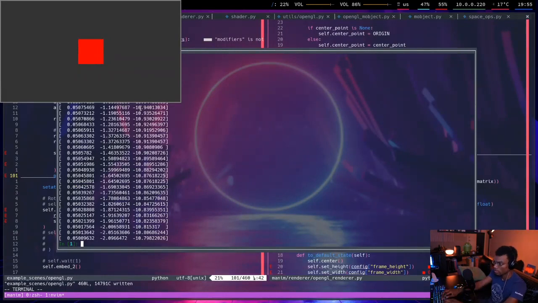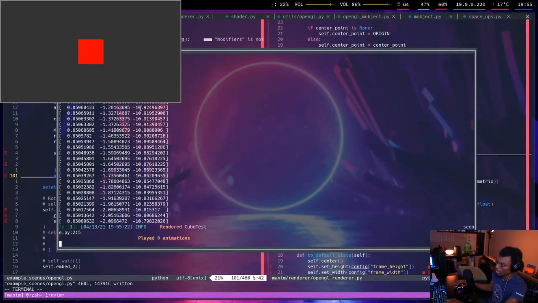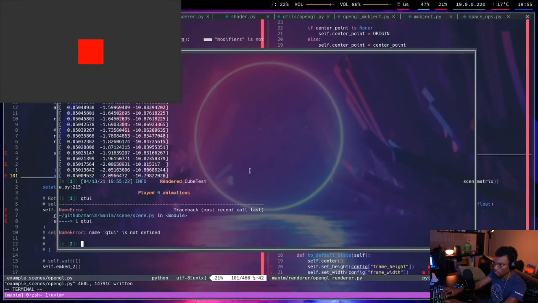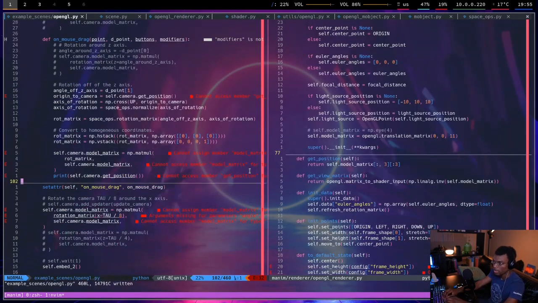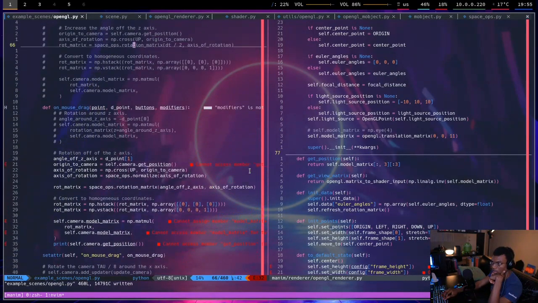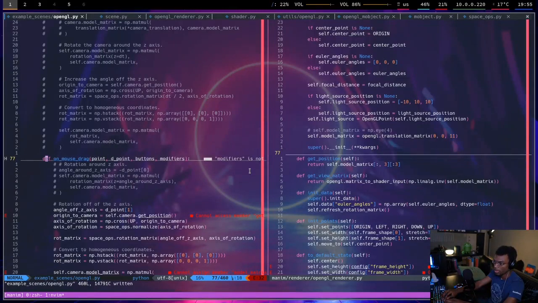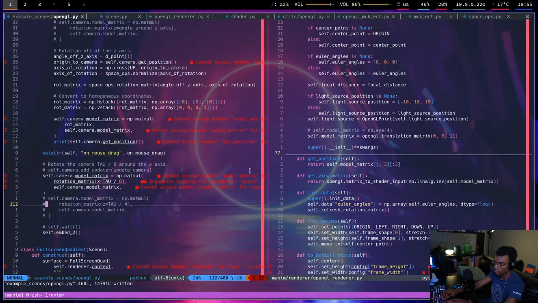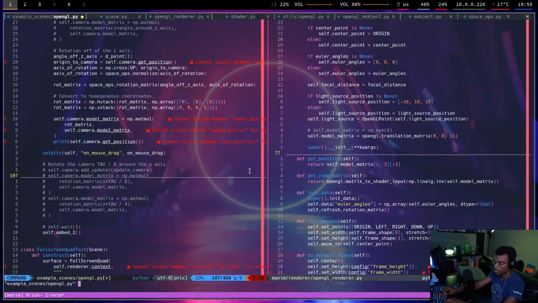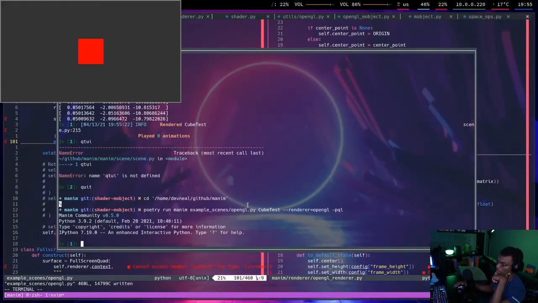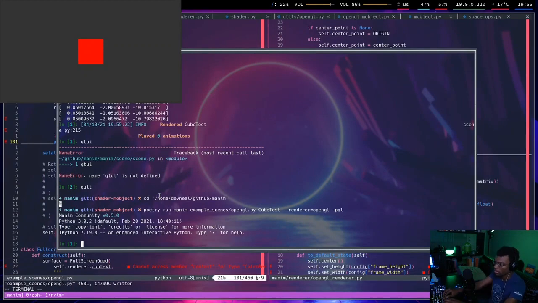Dang. Hold on, let me see what I can learn about this coordinate system. If I don't do anything, which means I don't even rotate the camera, but if I just get here and then print the camera's position, when it's looking down at the square, why is it not printing?